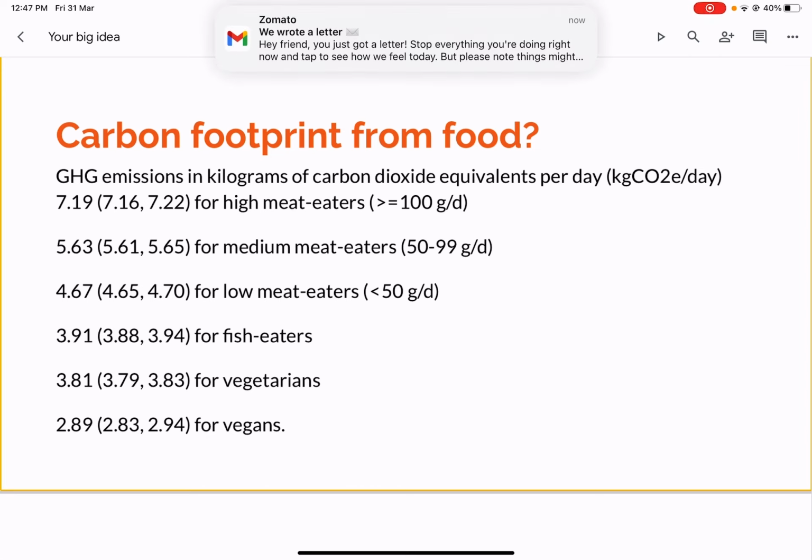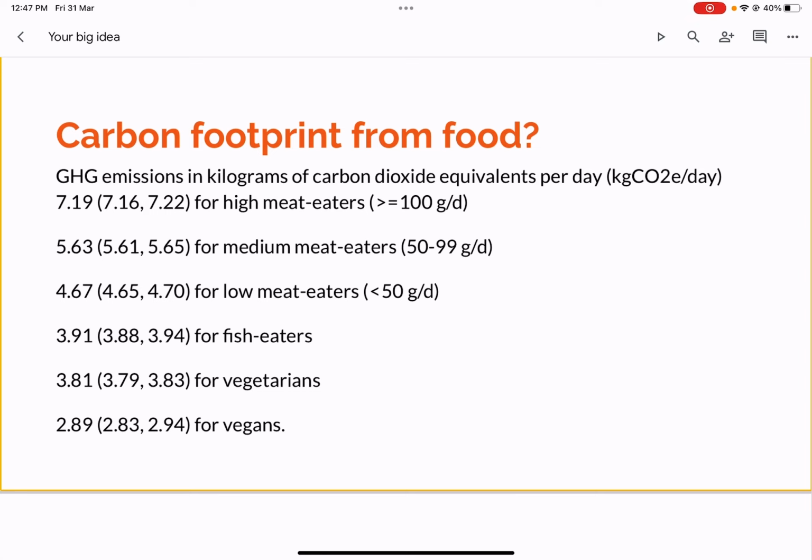This means when you design the carbon footprint calculator, you can ask what is the typical meat consumption by that person per day. And if he gives a number as say 100 or 110 grams per day, then one can put the carbon footprint for his food as 7.19.